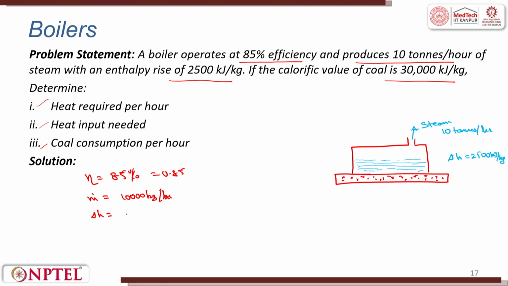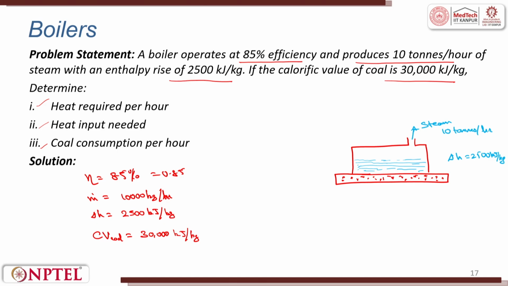Delta H is given as 2500 kilojoules per kg. And the calorific value of coal is also given, which is 30,000 kilojoules per kg.